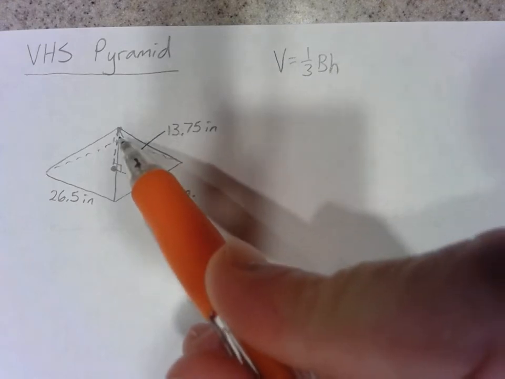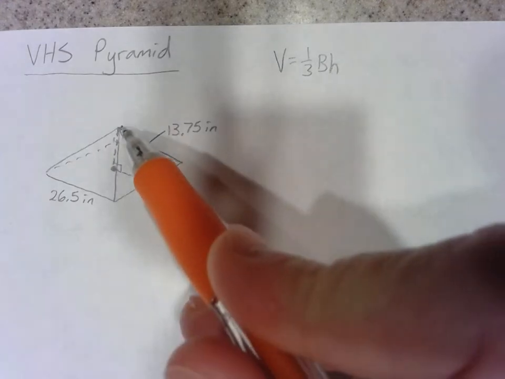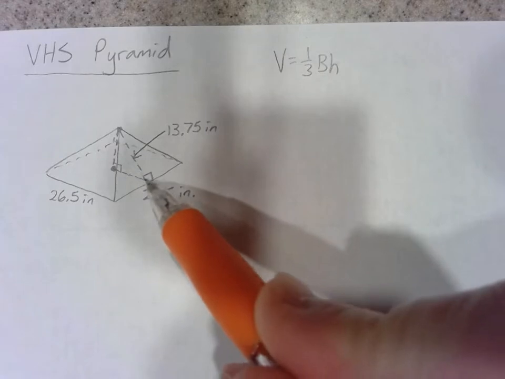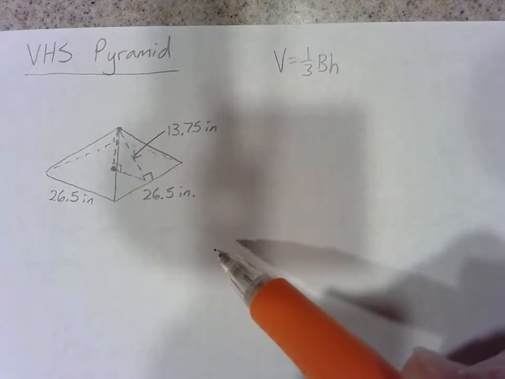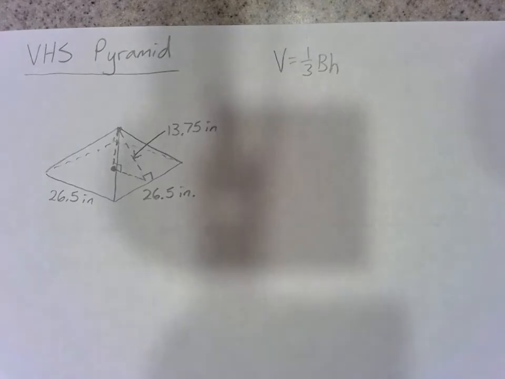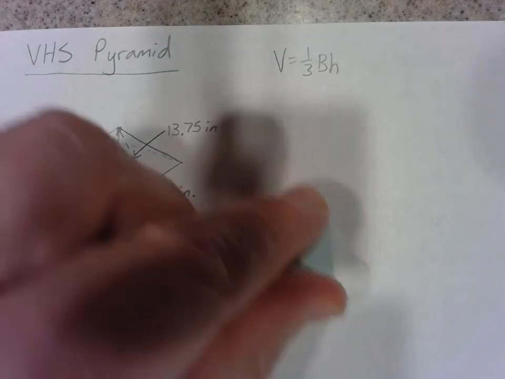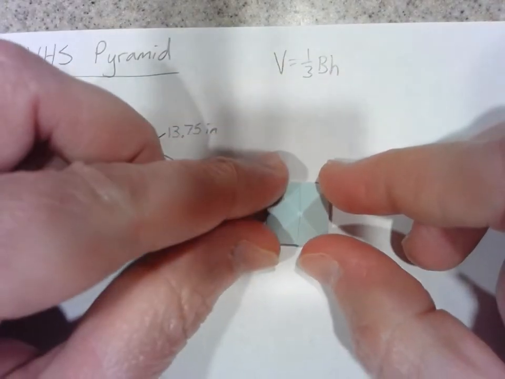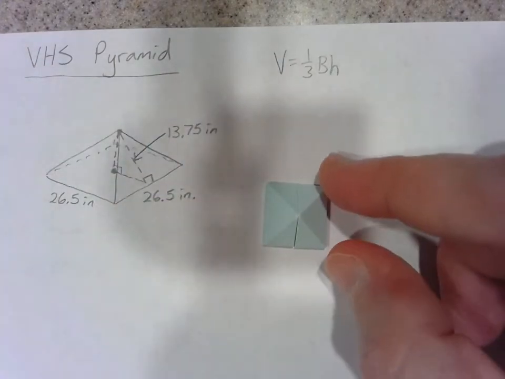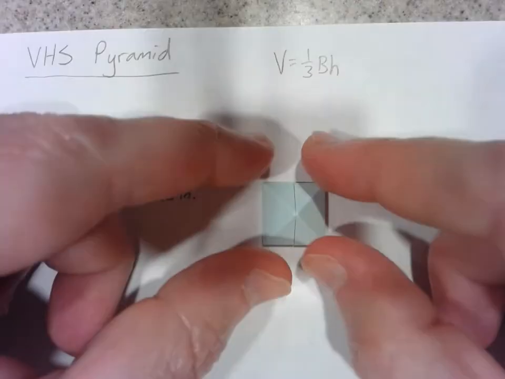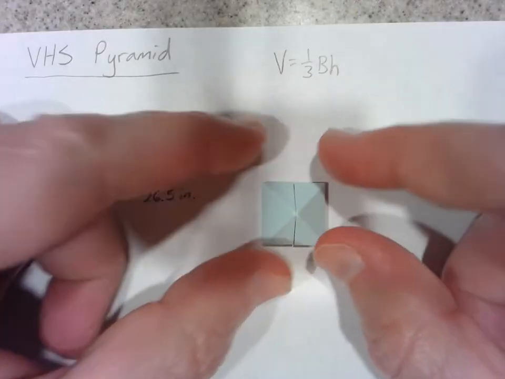Now if you see, the height in the pyramid is going to make a right triangle with that slant height. And so to illustrate for a second, take a couple of Lego pieces here. They make a square-based pyramid together. And so the height is going to go straight down that middle.